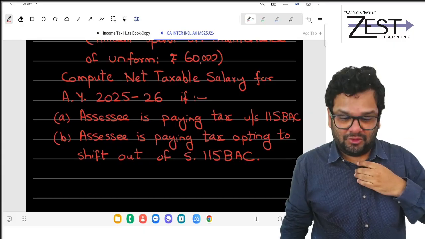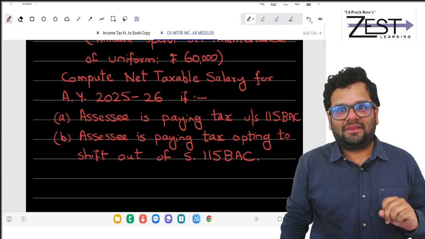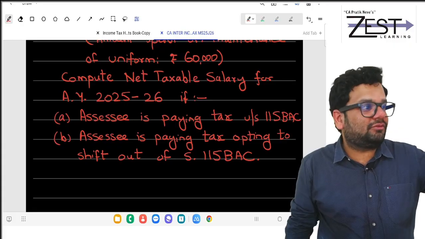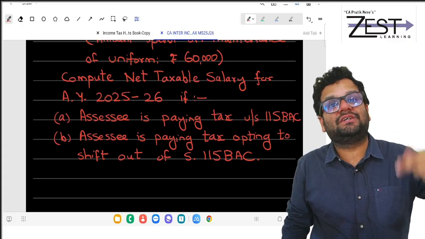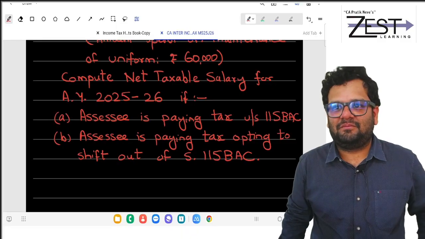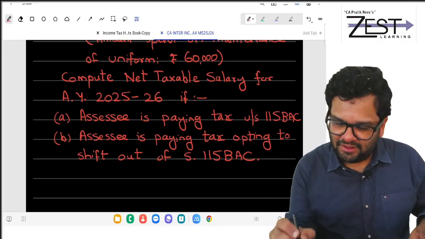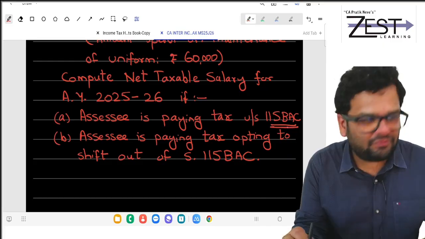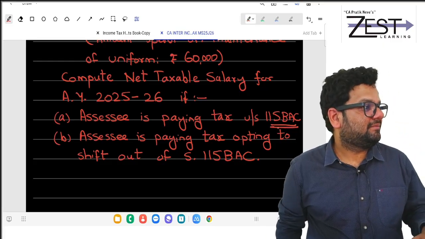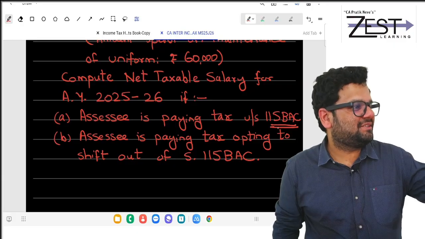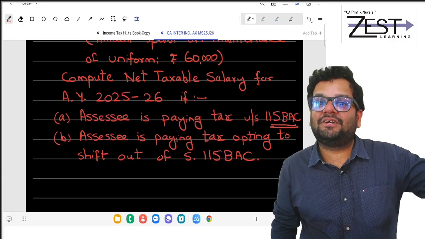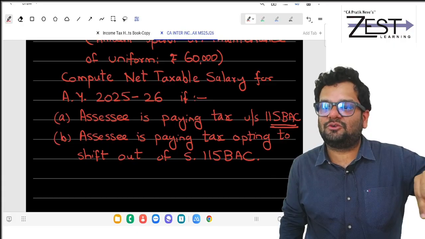How will you calculate in both the ways? You can calculate by either of the ways and then you can do reconciliation. For example, if you calculate under 115BAC, then you will not get many exemptions, but you will get standard deduction of 75,000.